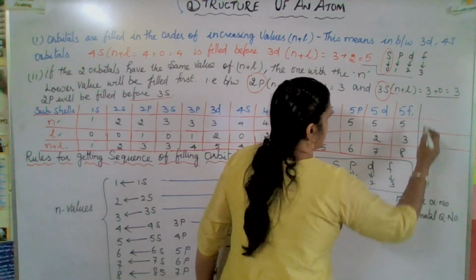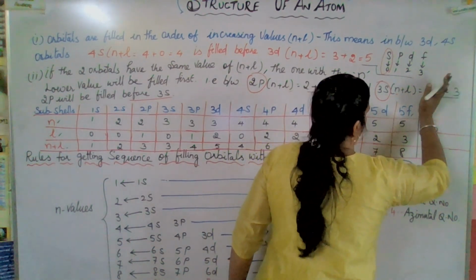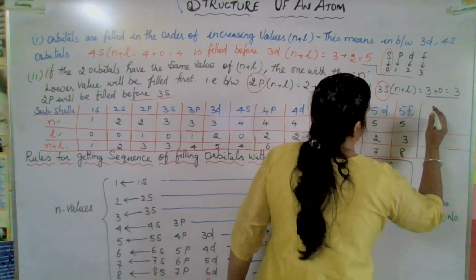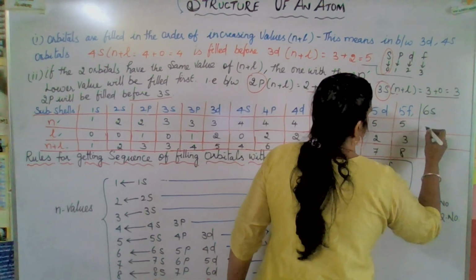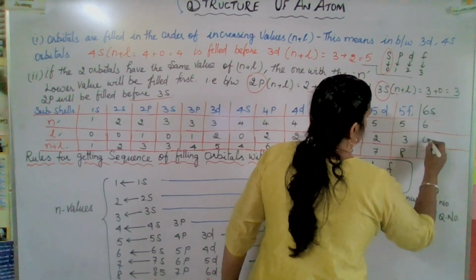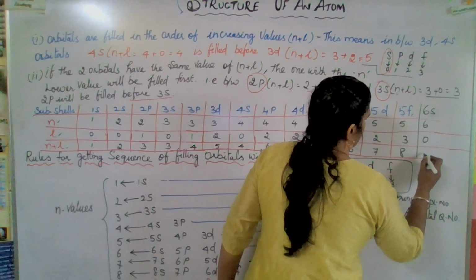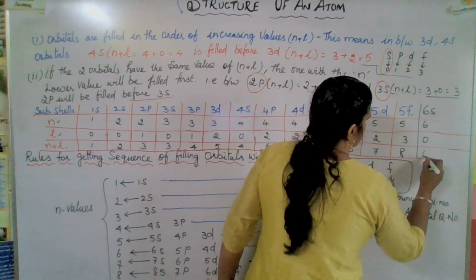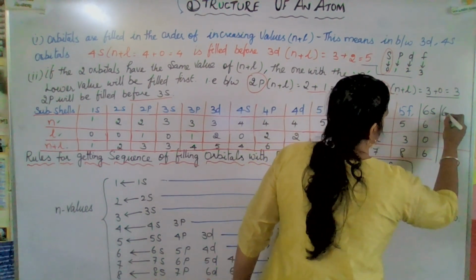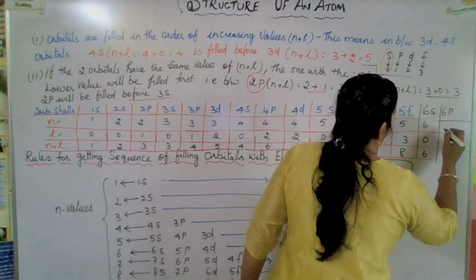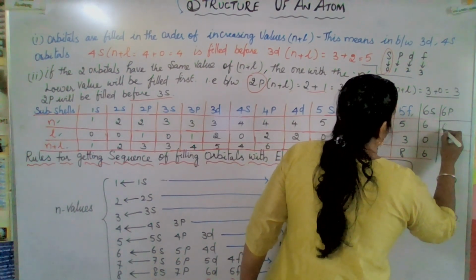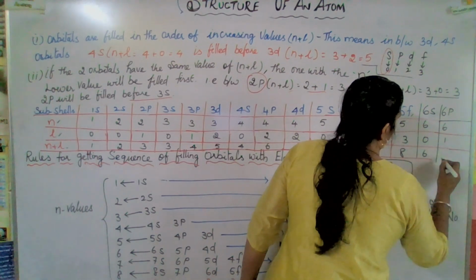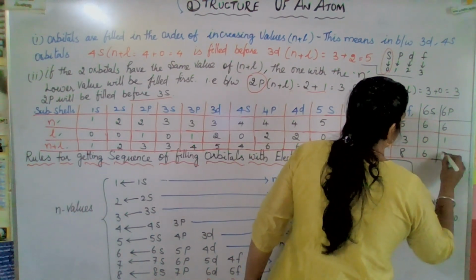Okay, now 6s. How can you put it? 6s means n value 6, s value 0, and n plus l value 6 only. And then 6p: how can you fill? n value 6, p value 1, and altogether it is 7.